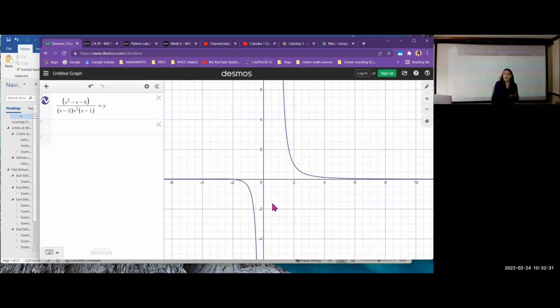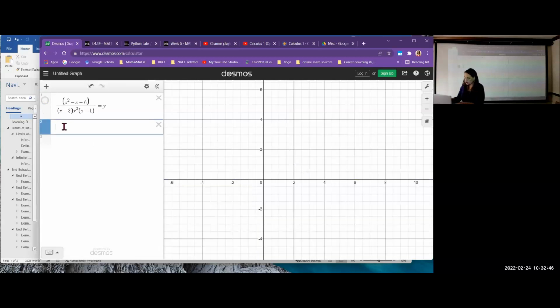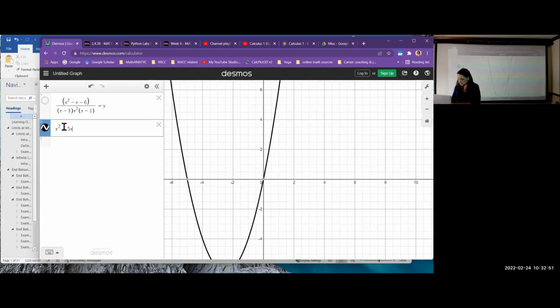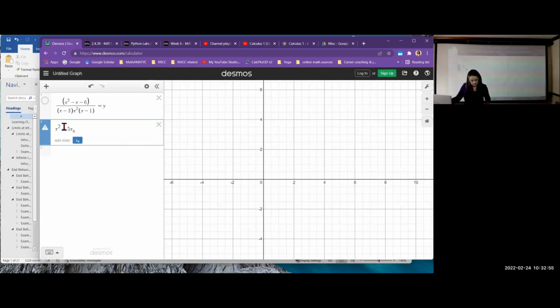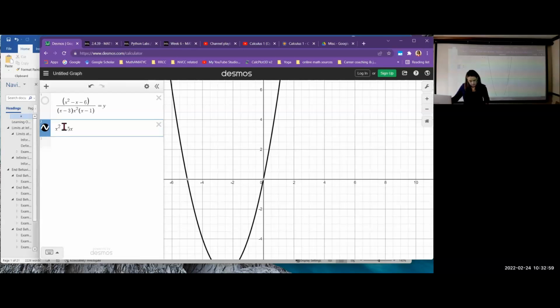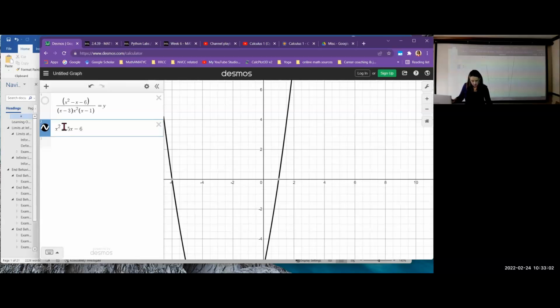So a vertical asymptote is an infinite limit because the graph is going to infinity at a finite x value. Now I can also have something similar happen if I turn this one off and I just put on a regular old graph. There we go.